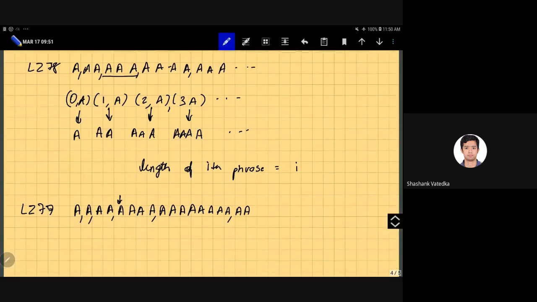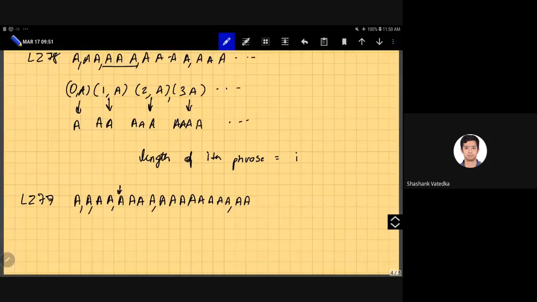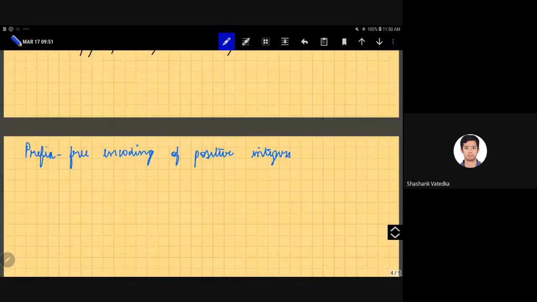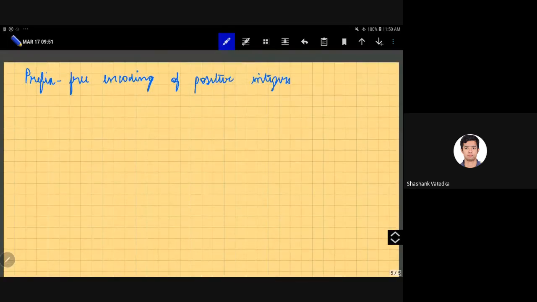Okay. So now the only question that perhaps needs to be addressed is, how do you actually store these in binary? Ultimately, all of these would require you to store some bits, some characters, and then certain positive integers. Storing the bits and the characters is fine, but storing the integers takes a lot of space, and we want a more efficient way to do it. Ideally, what we want is a prefix-free encoding of the positive integers.